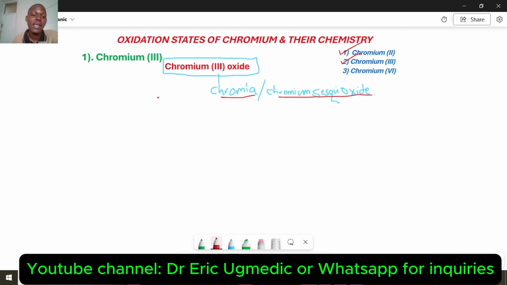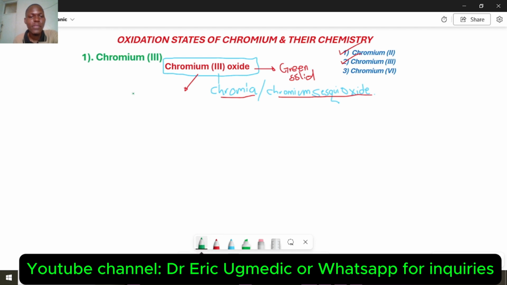So we can look at the appearance. How does this chromium 3 oxide appear? It will appear as a green solid. It's green in color. And then the other thing unique about it is that this chromium 3 oxide is amphoteric.